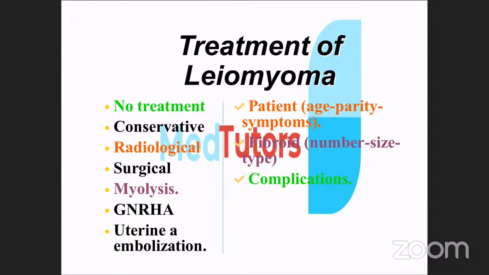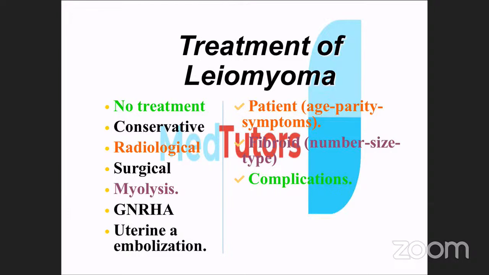Then another option is interventional radiology. In that case, the woman has a fibroid, especially if it's a solitary fibroid that is causing symptoms, and she's around the age of menopause, and she doesn't want hysterectomy. You can do uterine artery embolization, which is done by the interventional radiologist.